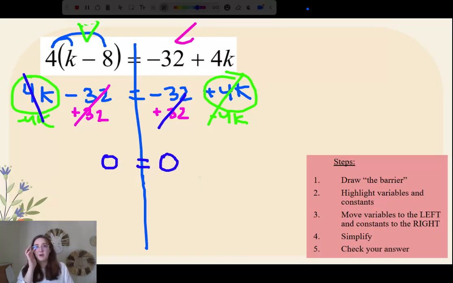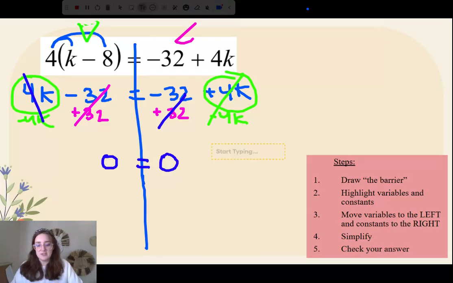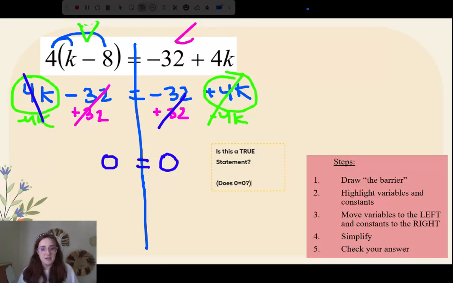So anytime our variable is gone, it cancels, we're asking ourselves, does this make sense? Is this a true statement? Does 0 equal 0? We're thinking about it.